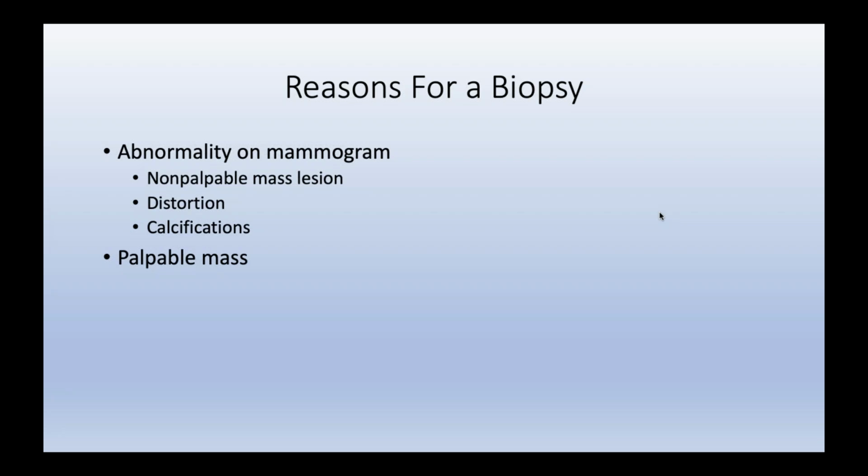Sometimes there may not be a discrete mass, but there can be radiographic distortion, meaning there's some abnormality in the normal architecture of the breast that's seen on mammogram. The other thing that radiologists always look for are calcifications. Calcifications can be benign, many of them are, but they are also commonly associated with a very early type of breast cancer called ductal carcinoma in situ, and I'll show some slides on what that means.